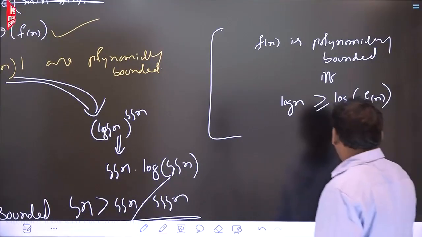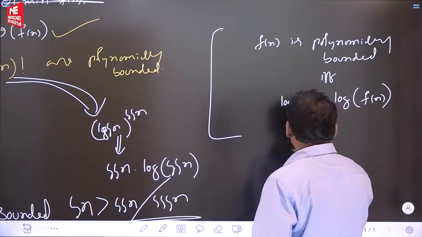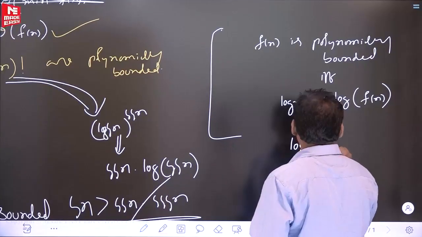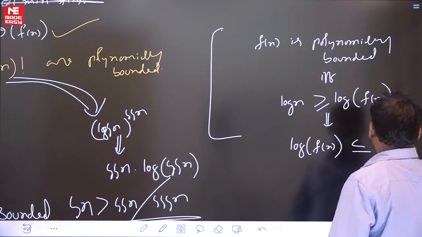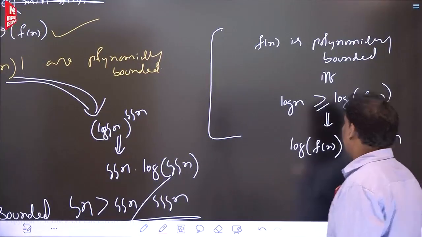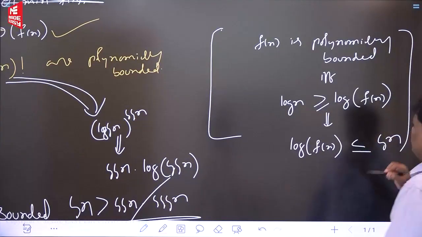Another way of saying the same: log of f(n) is less than or equal to log n. Then I can say polynomially bounded.